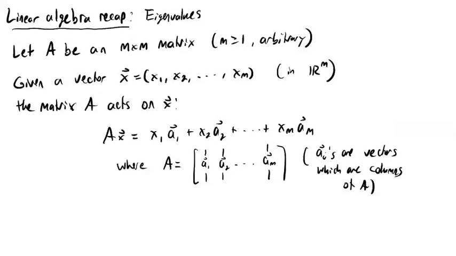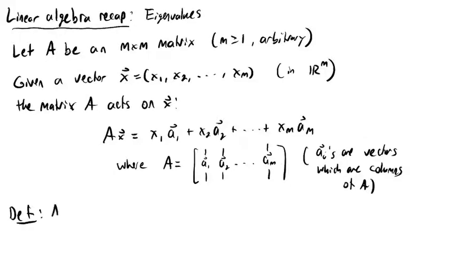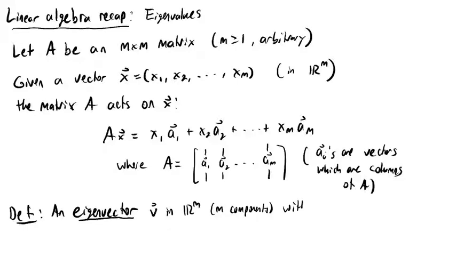Okay, and so what are eigenvalues? So let's recall the definition. Well, an eigenvector, say v in R^m, meaning it has m components in the vector, with an associated eigenvalue, right?